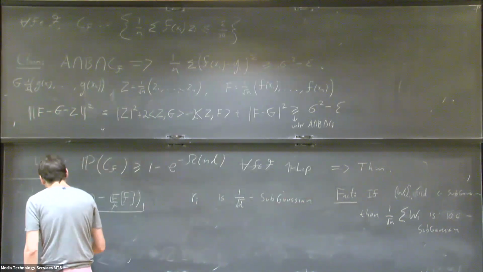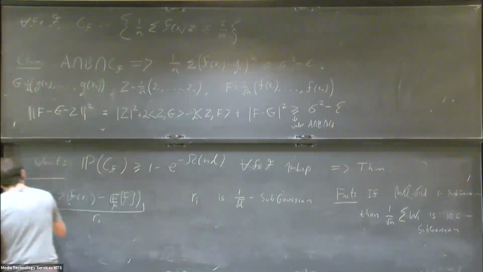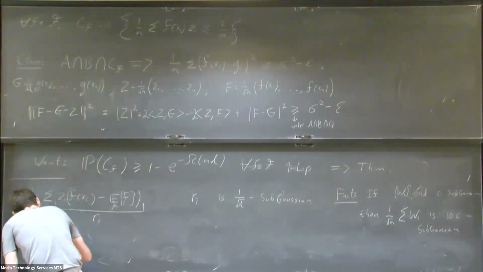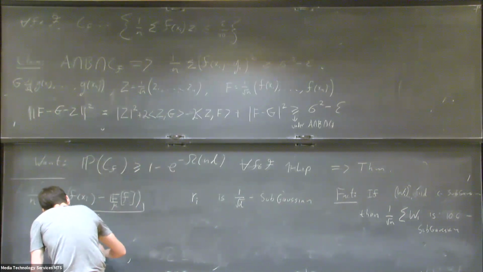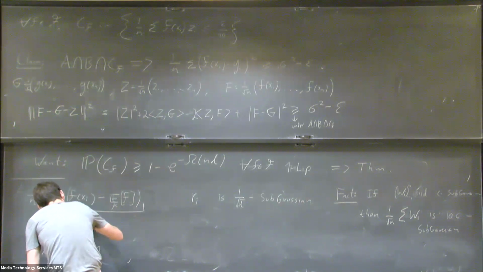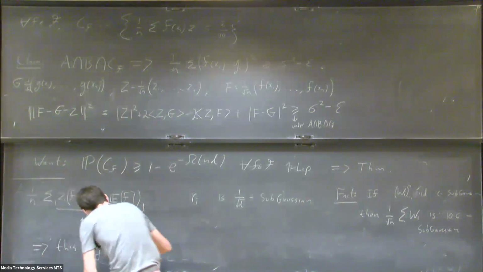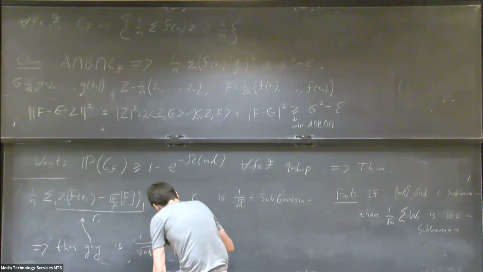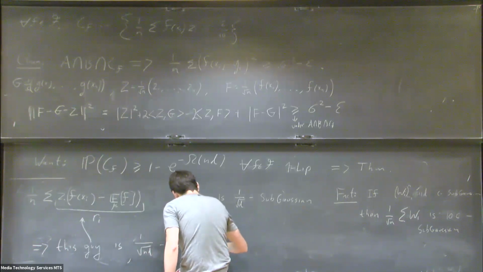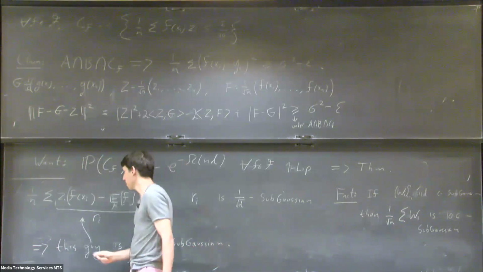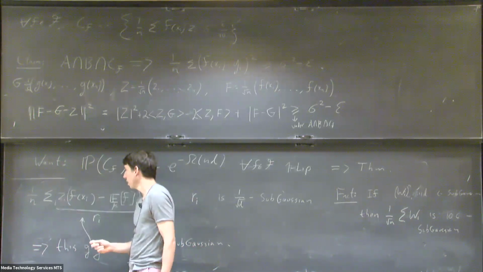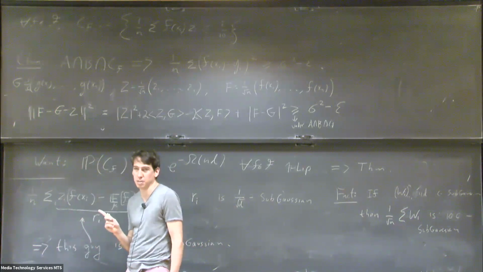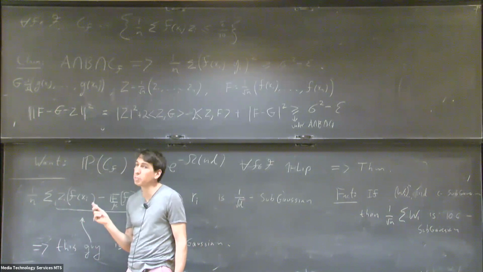this guy... I need to give them names. Zi is, well, all the zi's are independent, but zi is not necessarily independent from the xi, but it's between -1 and 1.